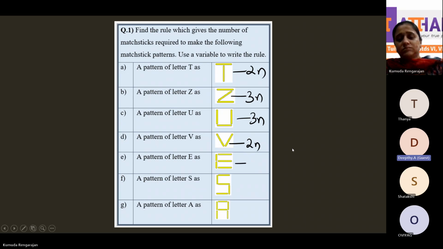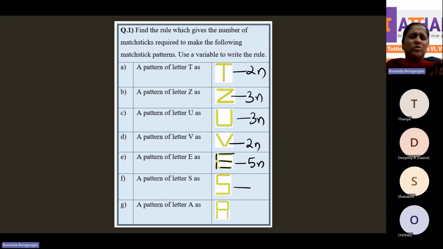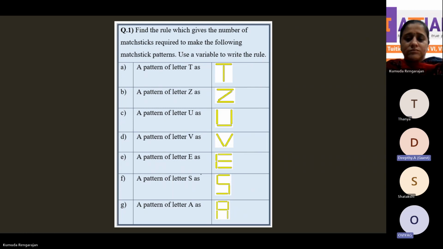Ma'am, 4n. 5n, ma'am. 1, 2, 3, 4, 5. 5n. Ma'am, but then one of the matchsticks is broken down into half. No, that's all. Yes, ma'am. 5n. Maybe if they used one stick here, then the rule will change.